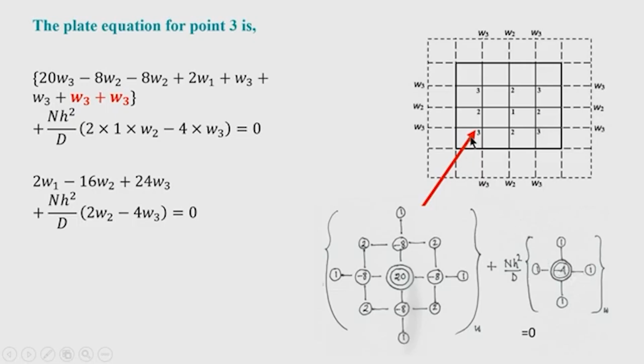So, if I place this node here, then you can see minus 4 W3, that is okay, and this node is coming here and another node is coming here. So, 2 into W2, and the other two nodes, say 1 and this one, are falling on the boundary. So, naturally these values are 0. After simplification we get this equation.